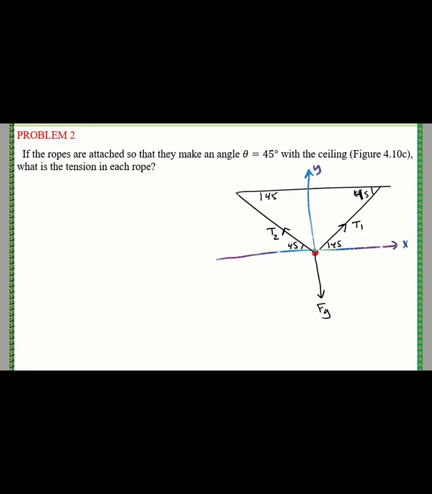Now make the resolution for tension. Here we have T1y and T2y. On the x-axis, T1x to the right and T2x to the left.